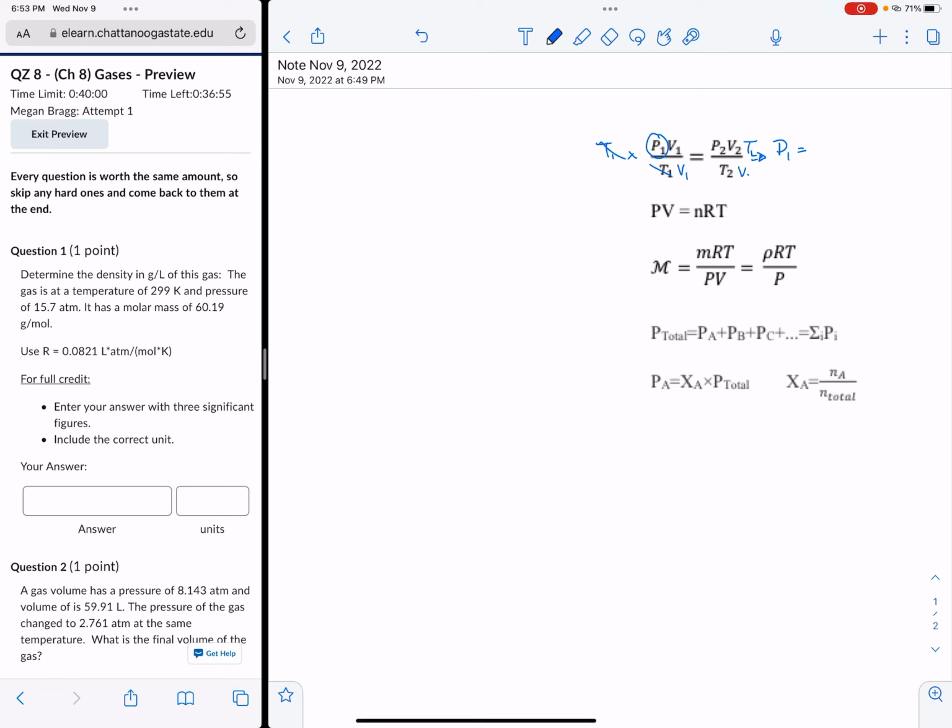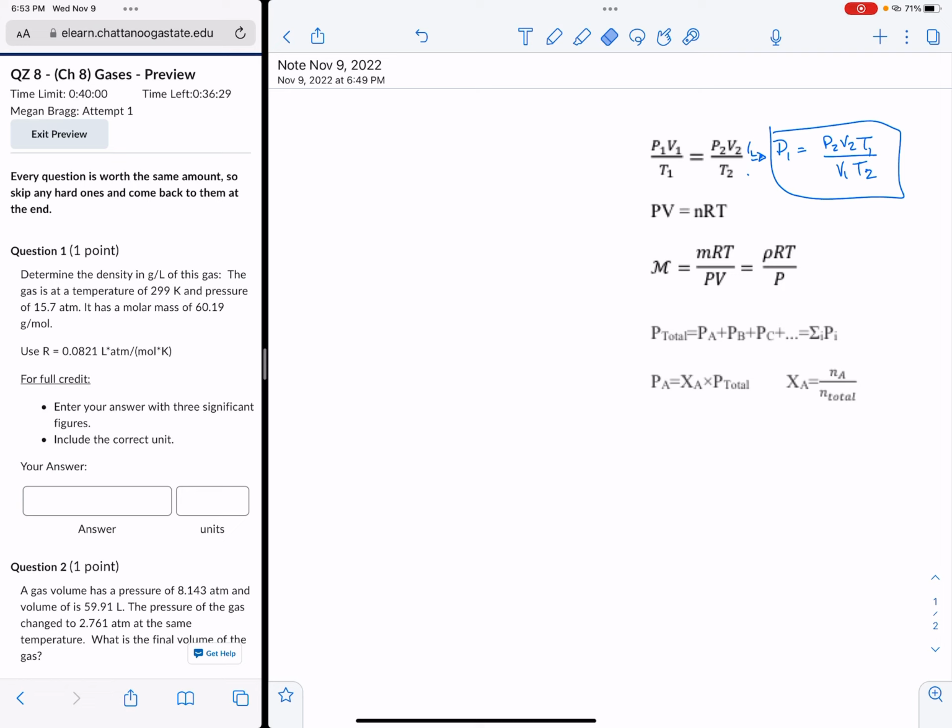That'll give you P2, V2, T1 over V1, T2. That's T1 on top. There we go. So if you need that kind of rearrangement, you can always do it ahead of time, or at least practice it a few times.